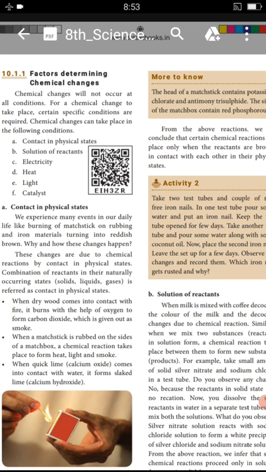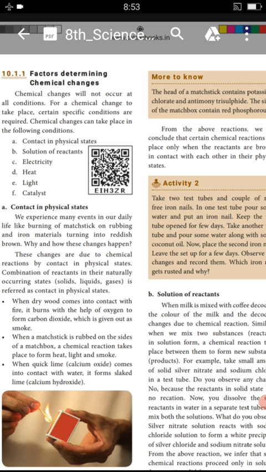Similarly, when we mix two substances, that is reactants, in solution form, a chemical reaction takes place between them to form new substances. But in solid state, the chemical reaction will not occur. So from these examples, we infer that some chemical reactions proceed only in solution form, not in solid form. So the solution of reactants is a must for these chemical reactions.